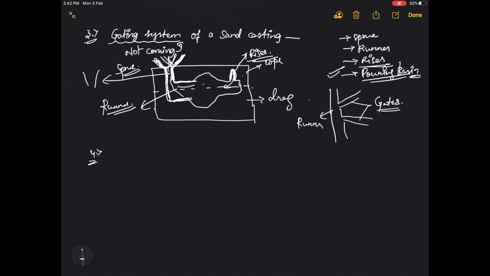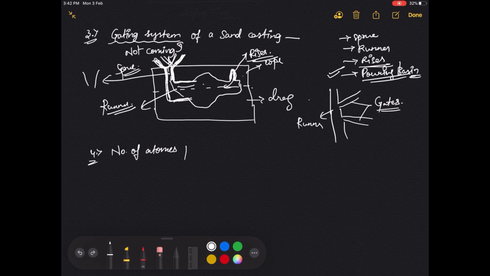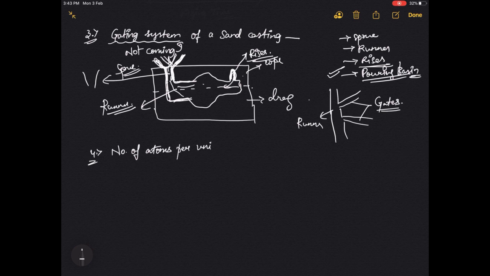Now, the next question. The next question they asked is the number of atoms that are present per unit area, for a 100 plane, and what they gave is the crystal, where the crystal is of Pb, that is lead, and it is FCC.